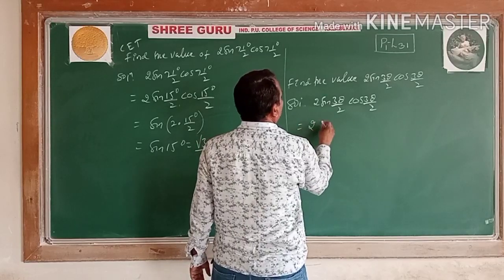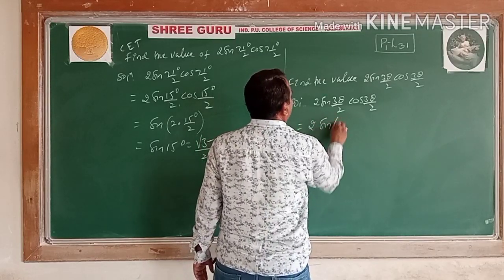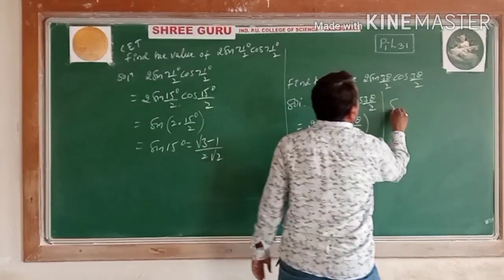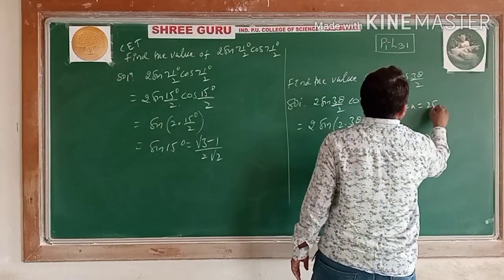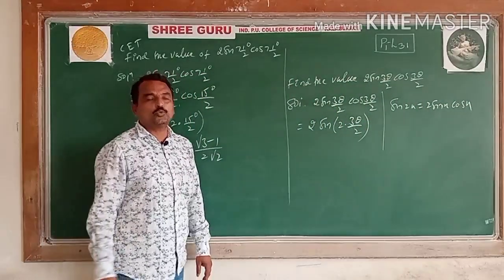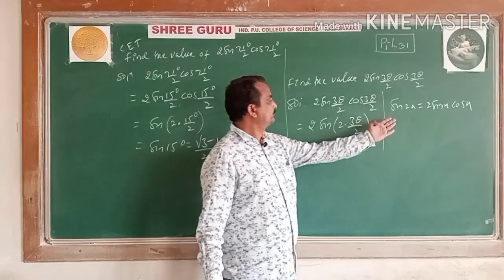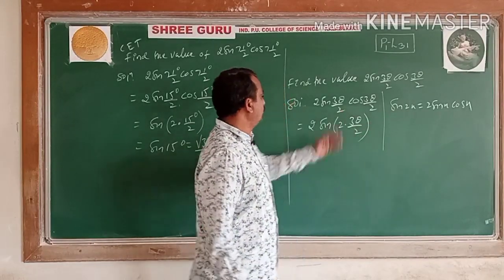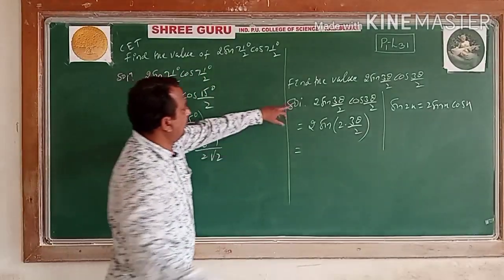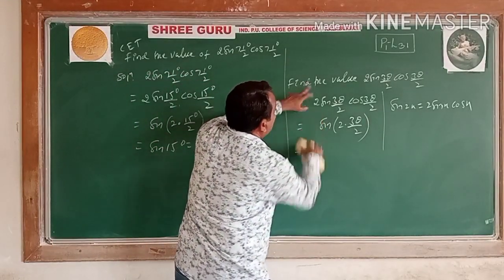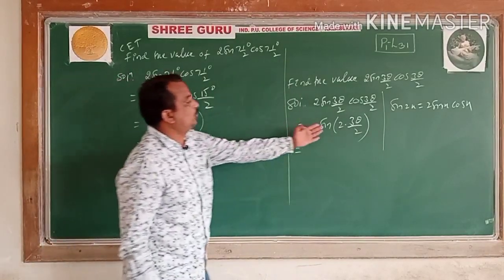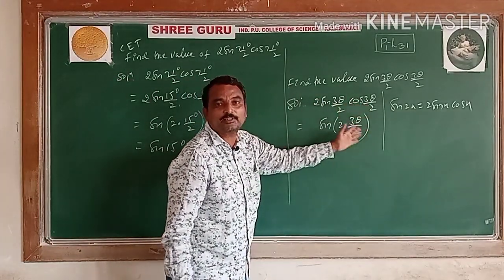This is equal to sin of 2 times 3 theta by 2. Same: sin 2x equals 2 sin x into cos x. So therefore it becomes sin of 2 theta, which is 2 sin theta into cos theta, directly.